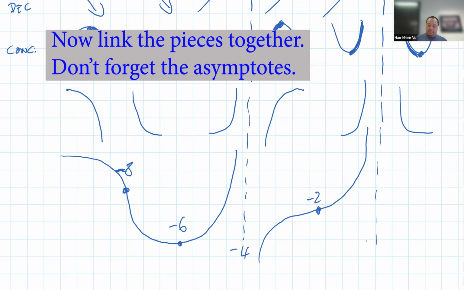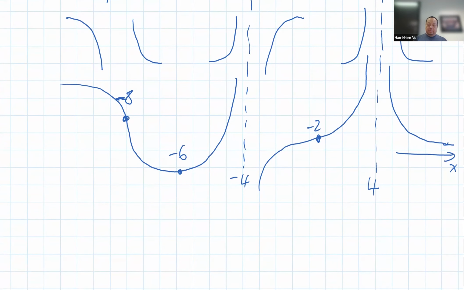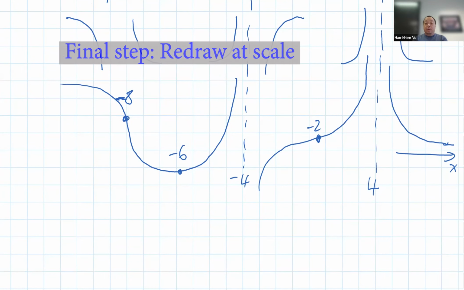It's at -2, and this is at +4. And then I have this piece, and I want to make sure that it has a horizontal asymptote at the x-axis. That's my general shape. Now I put it on the axis system, and I make sure the numbers are to scale.